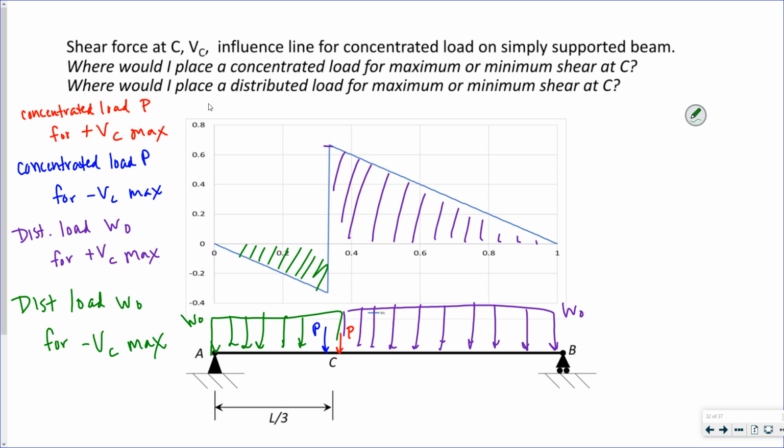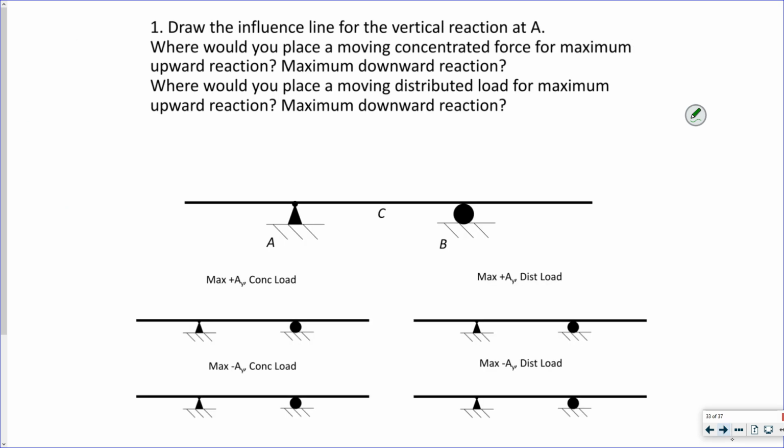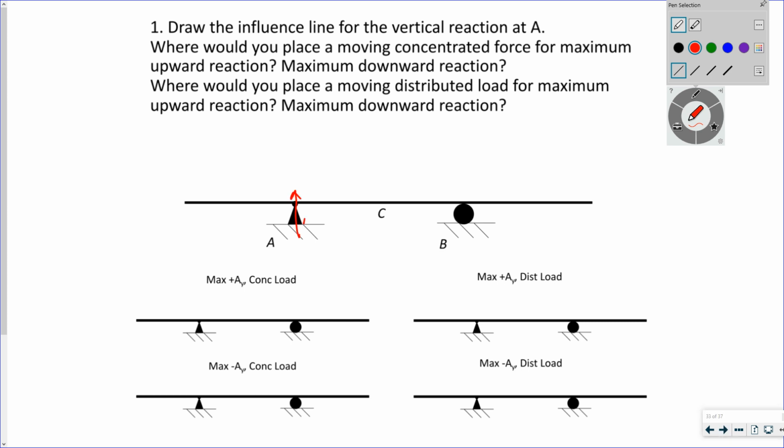Now let's do a couple examples. We're going to use the Mueller-Breslau principle to draw our shapes, and what we just learned to figure out where we would put the loads. So draw the influence line for the vertical reaction at A. This is going to be qualitative, not quantitative. So if I want the vertical reaction A, I'm going to apply AY.